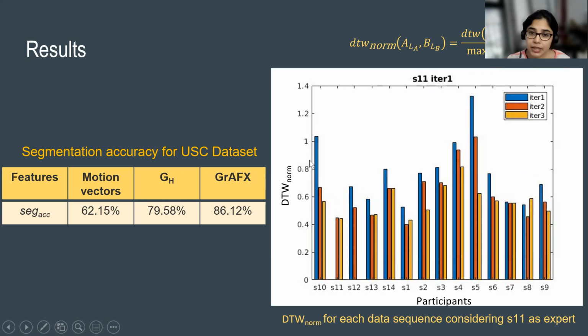We expect that in the first iteration they will not perform the task in the best manner, so the similarity will not be good and the DTW value will be very high. In the second and third, it will decrease, so we'll have a decremental pattern. And in most of the cases we found that pattern.